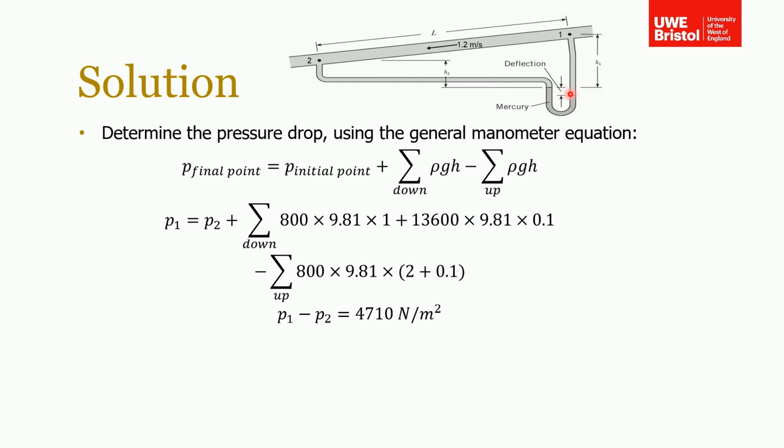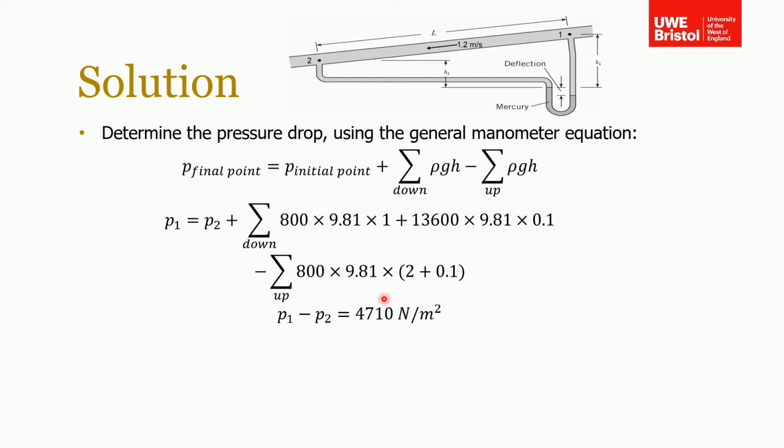So we're here now. Now we're going up to point 1, so we need to minus away our ups. So we minus rho g h going up here, where rho is 800, g is obviously gravity. But the height here isn't 2, it's 2 plus the deflection, so it's 2.1 meters.